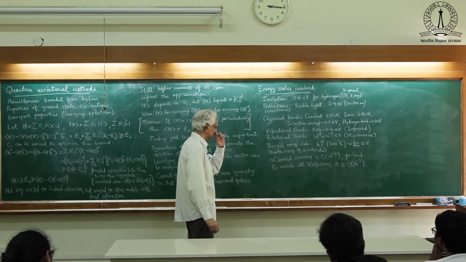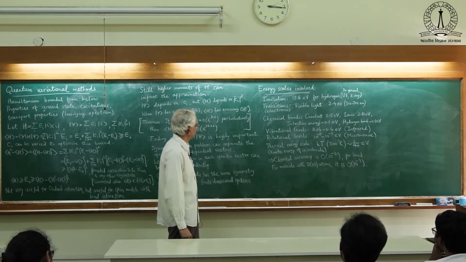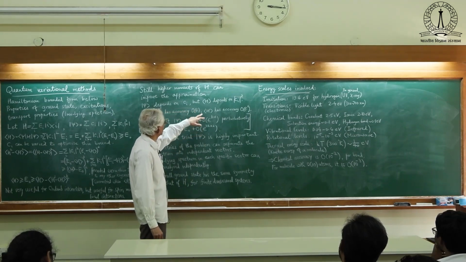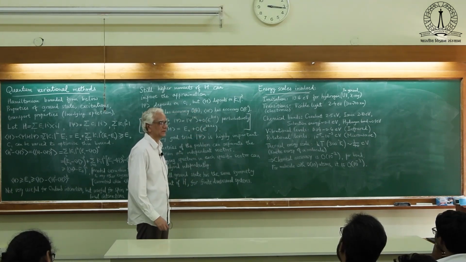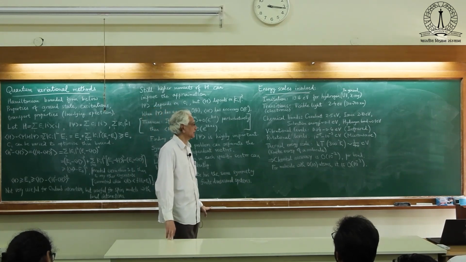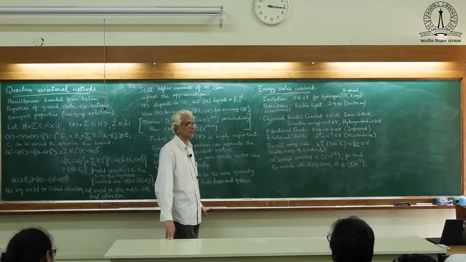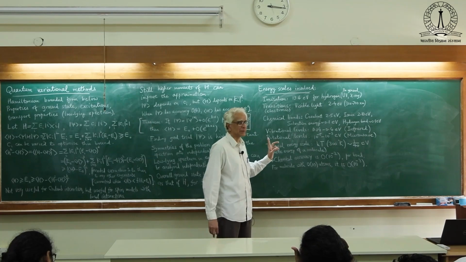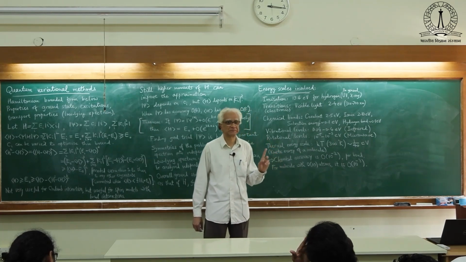So that gives us a good criterion for what this epsilon is that I should aim for. And so lots of quantum chemistry calculations, they are very happy if they get 1 part in 1,000 accuracy.